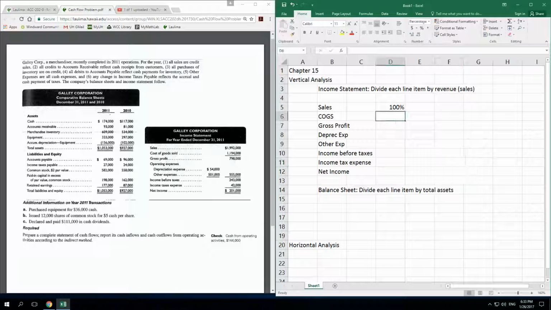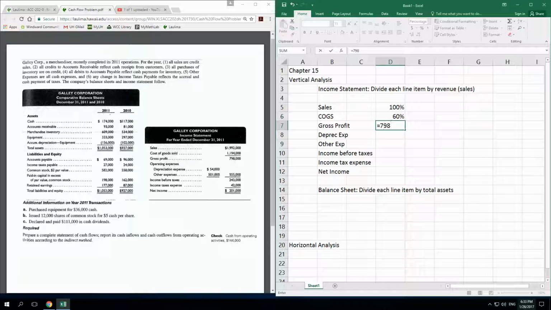Now if I take cost of goods sold of 1,194 million and divide by 1,992 million, oops, I did the wrong thing. That's 60%.